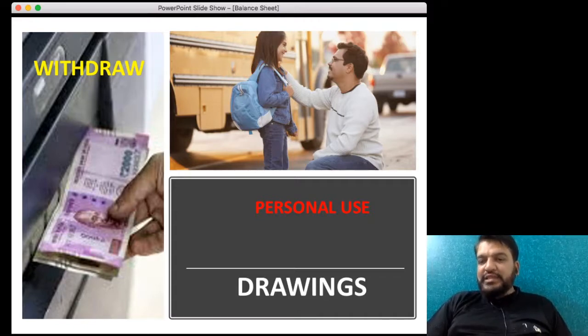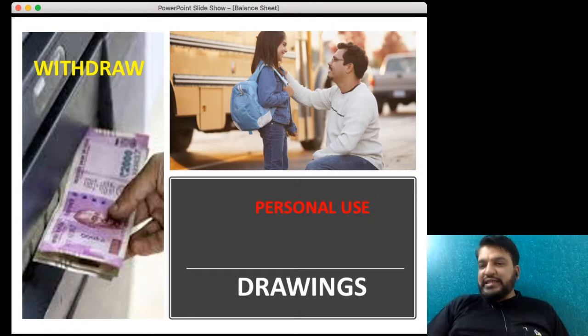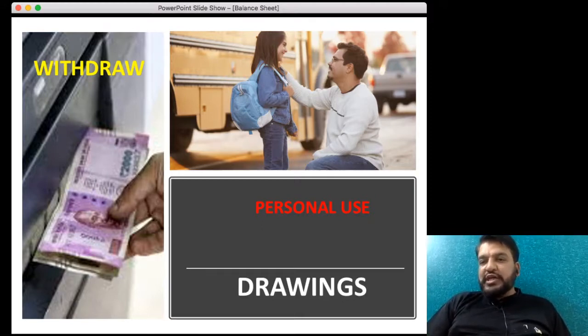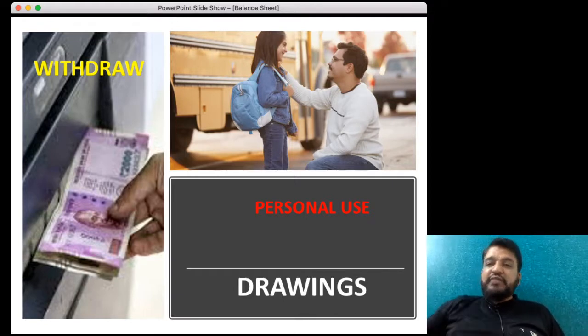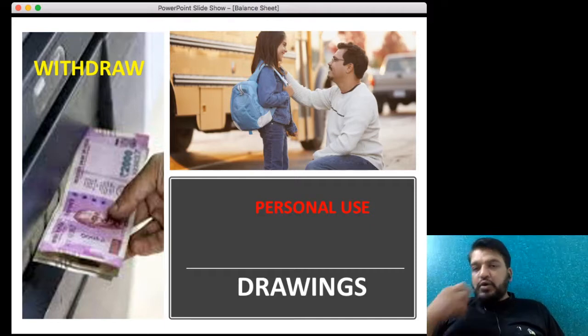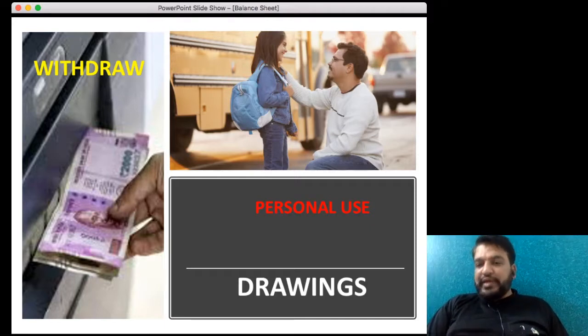If it is for business use, then it will be part of the expenses. But if he is using it for his daughter's education, or going shopping, or a family trip, or buying a car which is not a business car but a personal car, all these things fall under drawings.